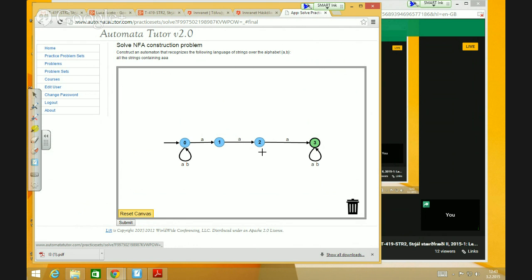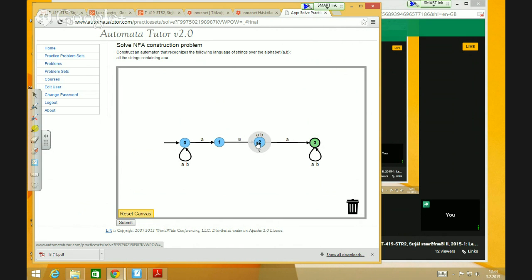Okay, so the question is, shouldn't number 2 be an accept state? And the reasoning is, what if I see an A, I loop, and then I see 2 A's? Well, that's a good question. However, remember that an NFA accepts if it has one way of processing the input string that leads to an accept state.